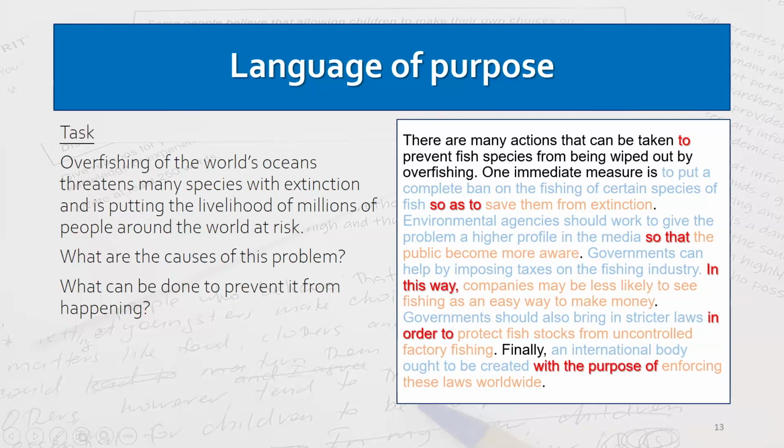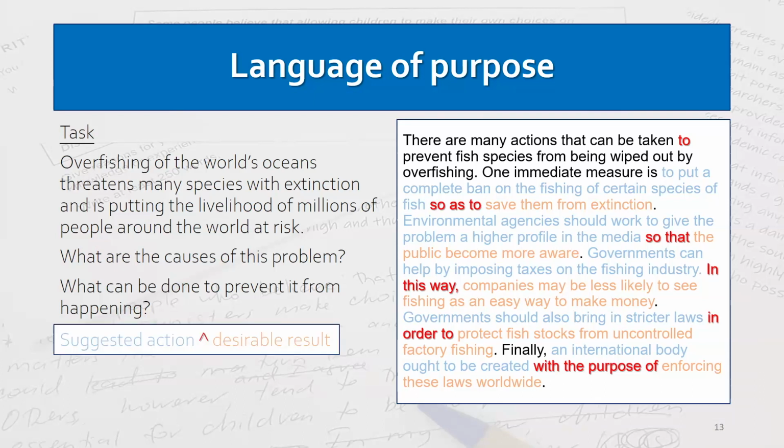If you are in doubt, you can refer to some grammar books like Practical English Usage to check the usages of these words before you use them in your argumentative or expository writing. So the language of purpose is actually linking a suggested action to the desirable results.